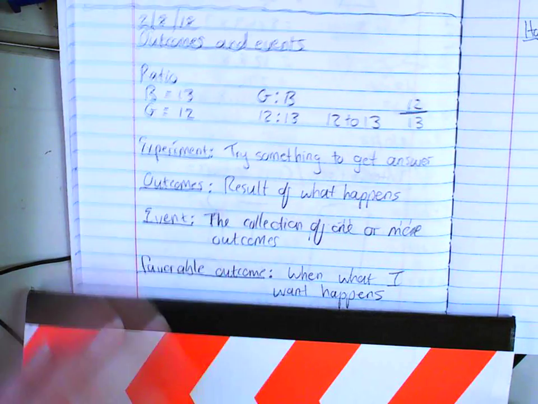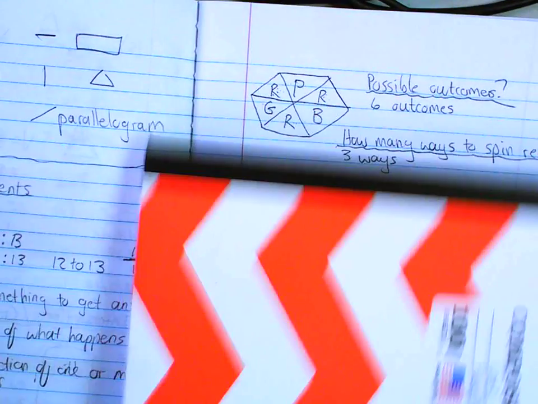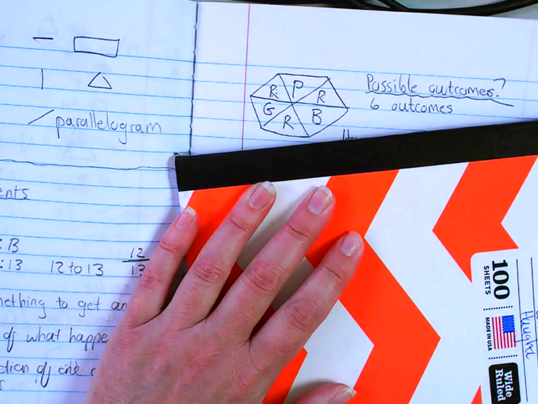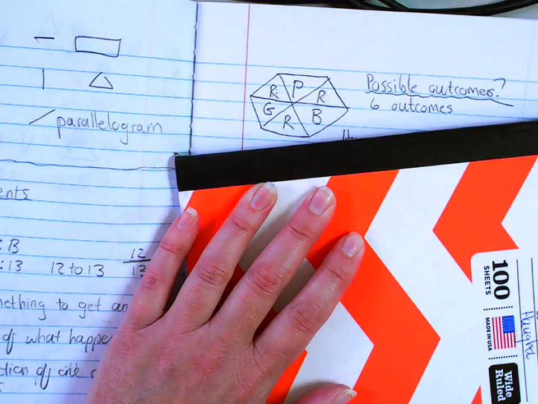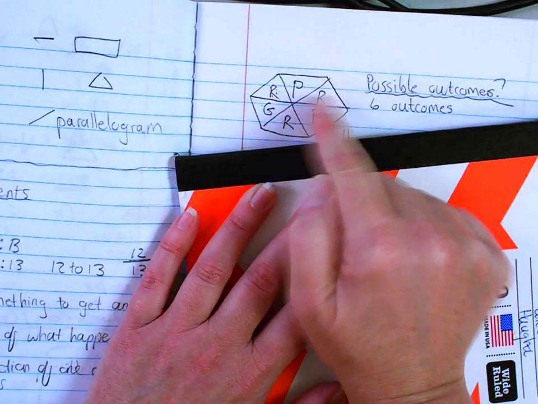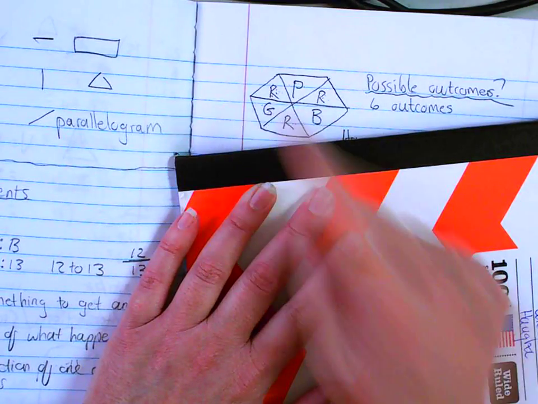All right. To practice this, I'm going to show you a spinner. You're also going to draw the spinner. The spinner has 6 sides and it has 6 colors. Since you don't have color pencils, I just put in alphabet letters for the colors: P for purple, R for red, B for blue, and G for green.